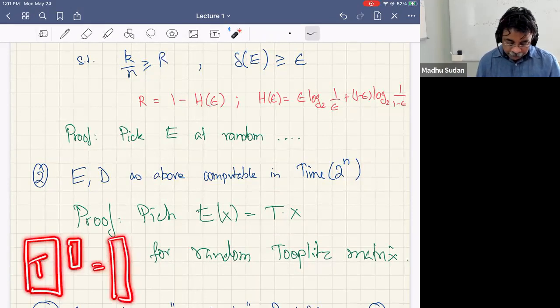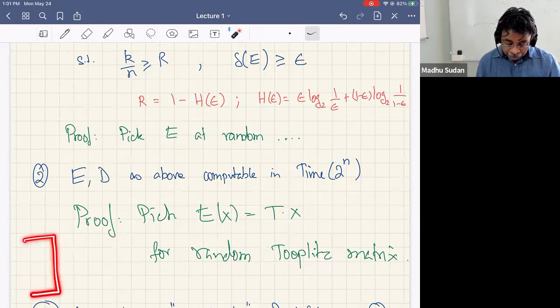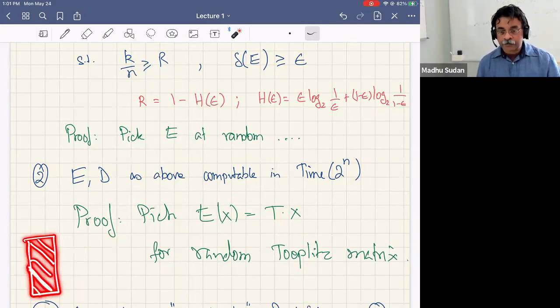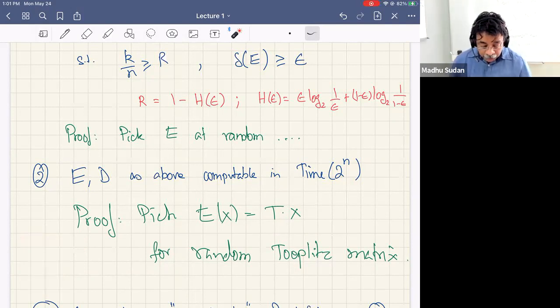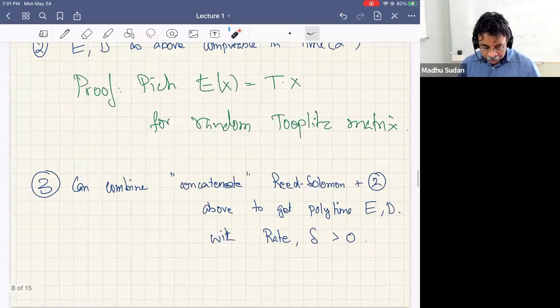This is your matrix T, and Toeplitz means that entries on all these diagonals are the same. If you follow this path, it will have the same entry. If you pick that kind of matrix at random, then it will actually achieve as good performance as what we did in part 1.